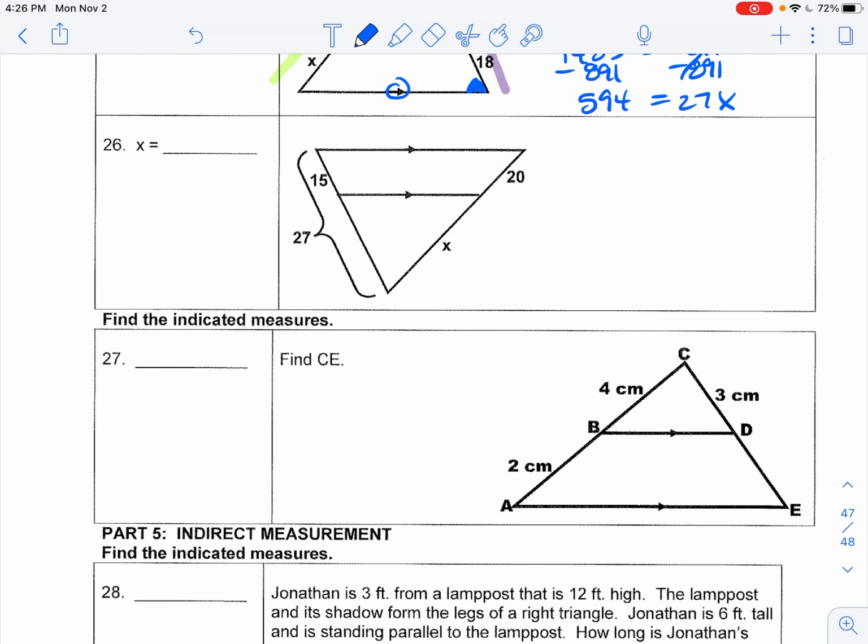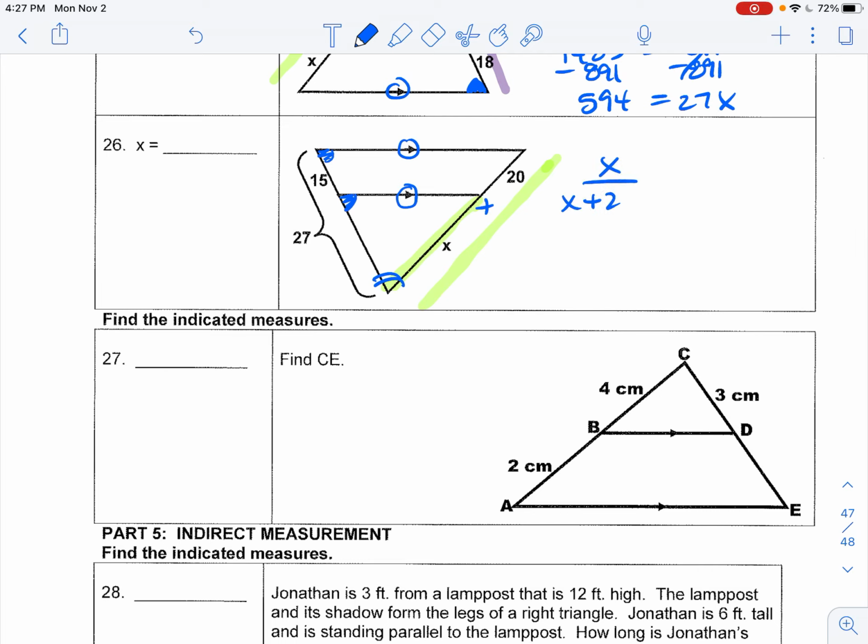And number 26. Okay, so again, we know that these are parallel, so we're going to have corresponding angles, which are congruent, and we're sharing this angle, so by angle, these are similar. I want to find out what x is. So x is on the shorter triangle, and I can compare it to this length here, so that would be x plus 20.